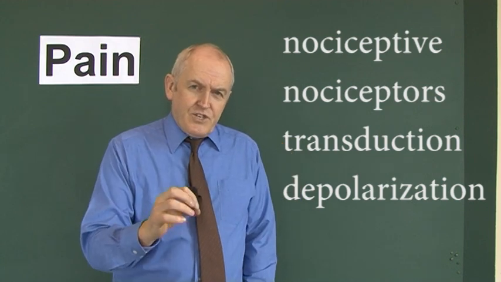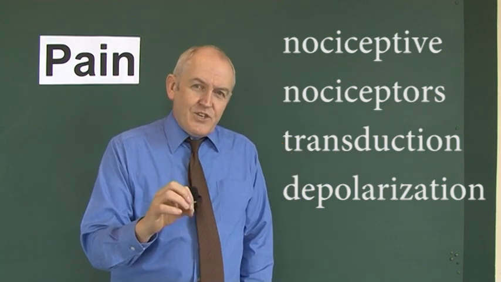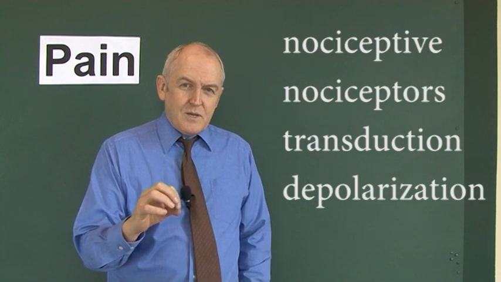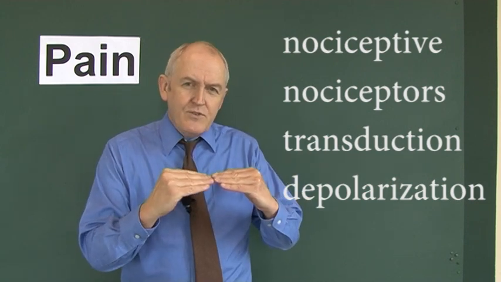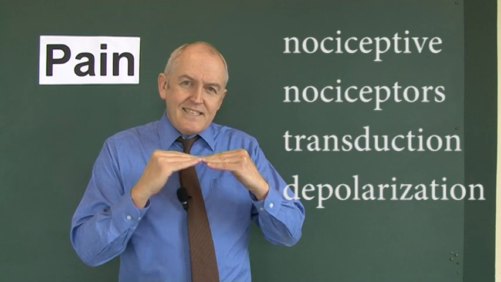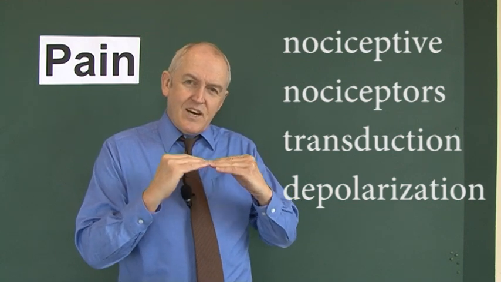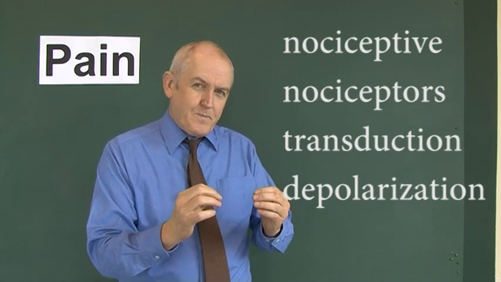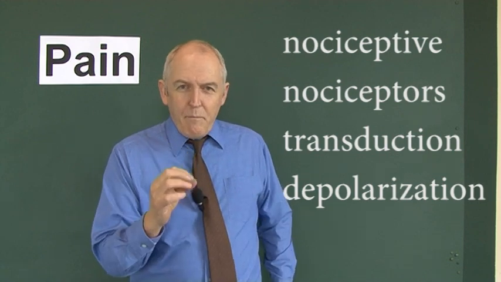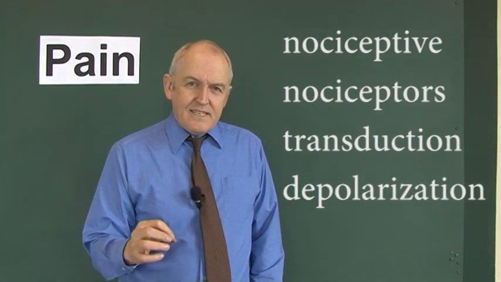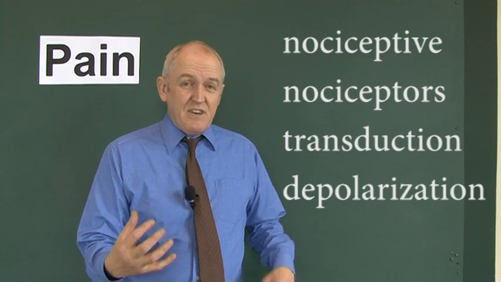But that depolarization that generates a new nerve impulse, the threshold for when it is generated, is set at where the tissues are starting to be damaged. Because what pain is for is to prevent tissue damage. That's the main reason we feel pain.